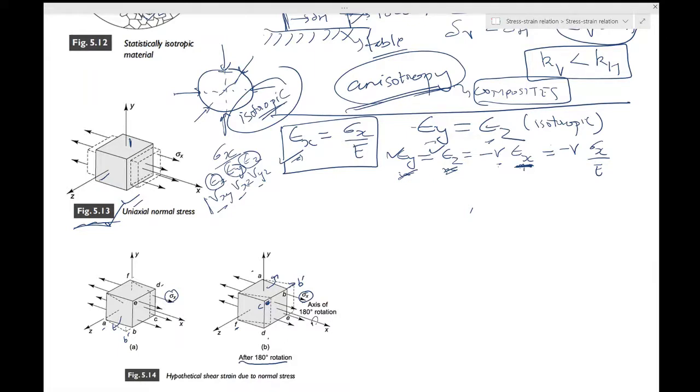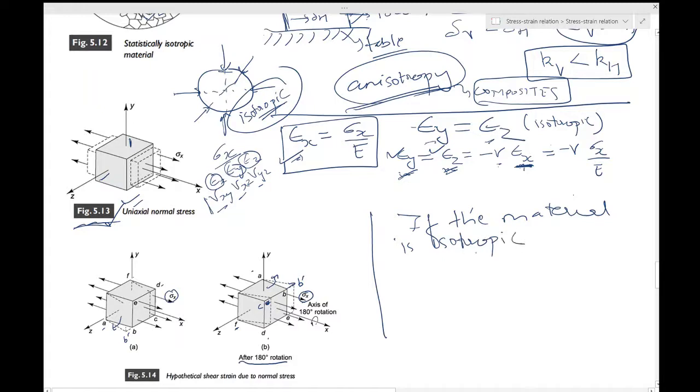But there is the problem. If the material is isotropic, which we are assuming for this entire course, the mechanical response to the same stress on this volume should not be different.